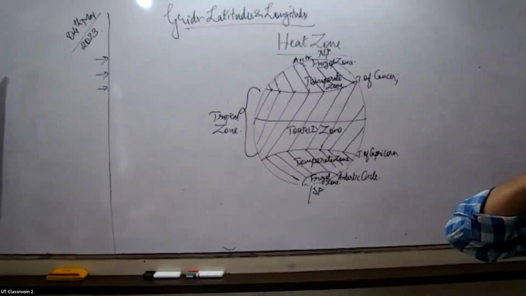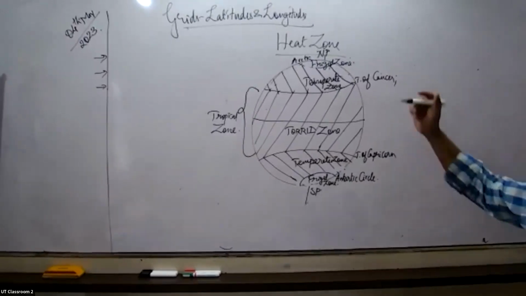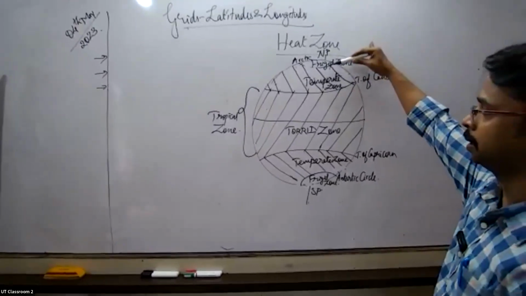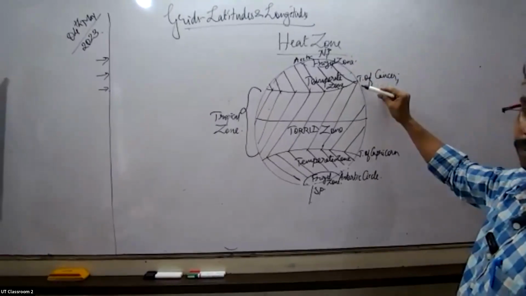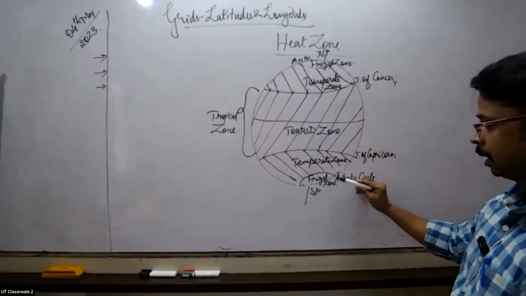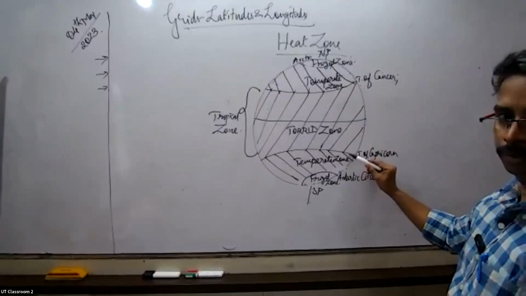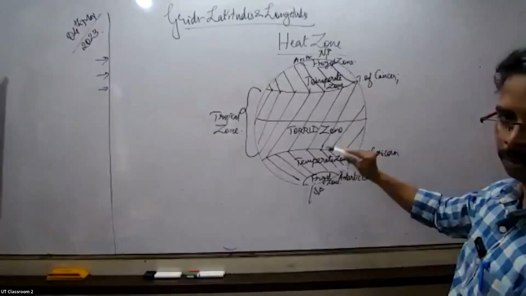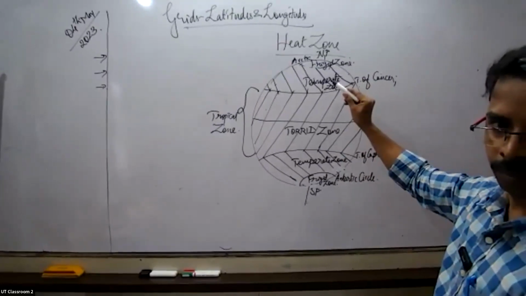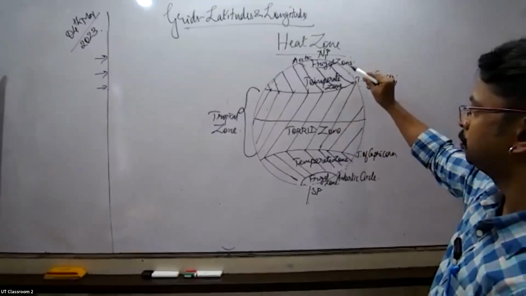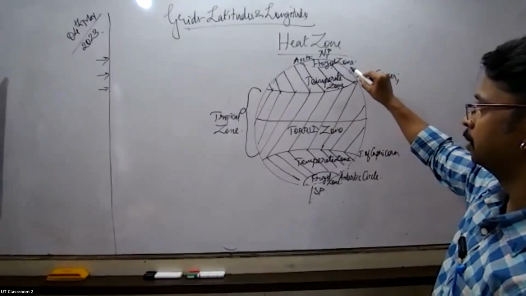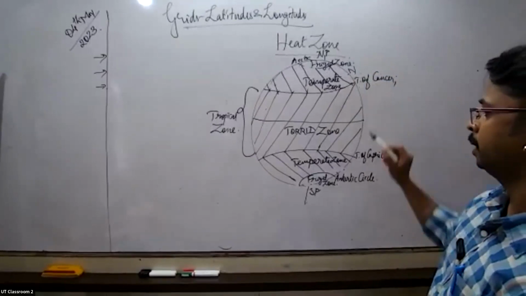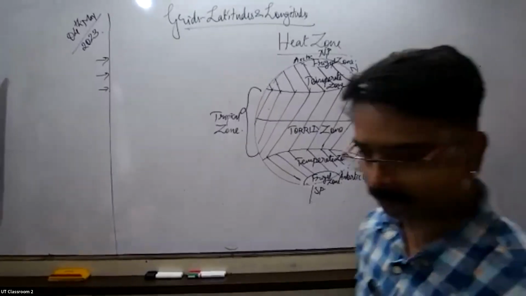Now listen. How do you recognize this? I am saying this is Arctic Circle and Tropic of Cancer. This is Antarctic Circle, Tropic of Capricorn. What is the zone we are having? Temperate zones. First you have written this between north and south of the equator.